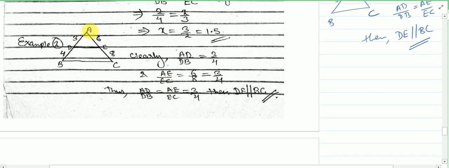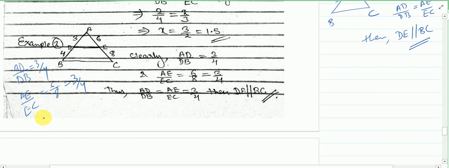Here in example 2, you can see that a triangle ABC is given, and this line DE is there, but they have not said whether it's parallel or not. But they have given the values AD, DB, AE and EC. Now I can easily see that AD upon DB is 3 by 4, and AE upon EC is 6 by 8, that means 3 by 4.